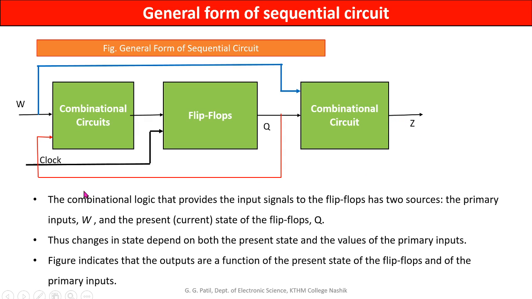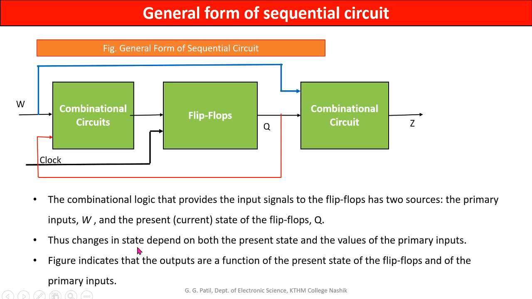The short description of the circuit is given here. The combinational logic that provides the input signal to the flip-flops has two sources, as we have described: the primary input W, and the present or current state of the flip-flop Q. Q is called the present state or the current state of the flip-flop or the sequential machine.